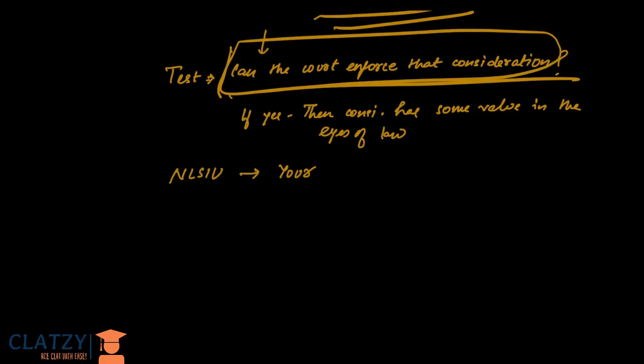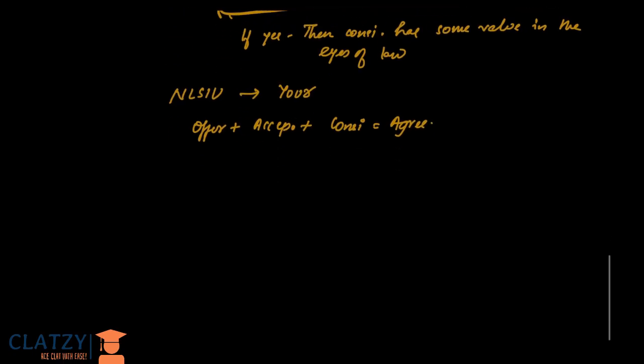To determine that, you would need to see whether you have consideration as well, because we know that agreement is offer plus acceptance plus consideration, and we just saw that offer is there, acceptance is there, consideration. What is the consideration here to be given by you? Consideration to be given by you is rupees 10 lakh.